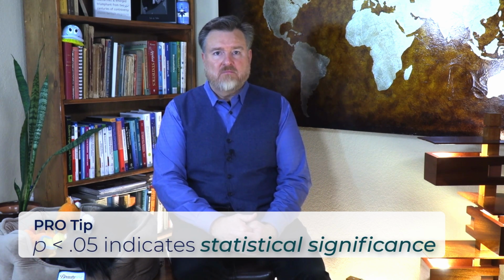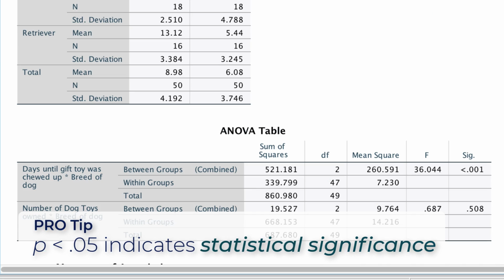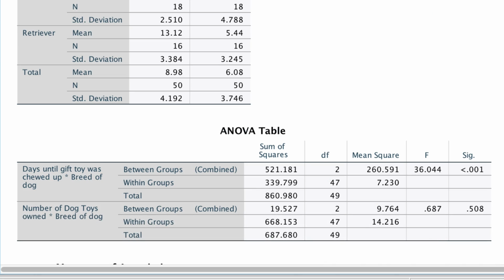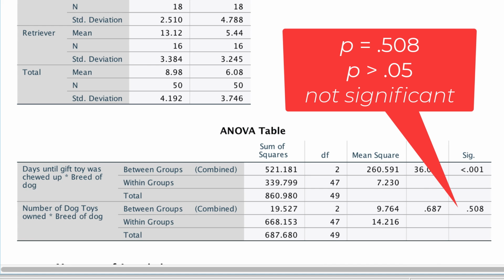We are looking for numbers smaller than 0.05. For number of dog toys owned, the value is 0.508, which is larger than 0.05, and therefore not significant. There is no difference in the number of dog toys owned between breeds.